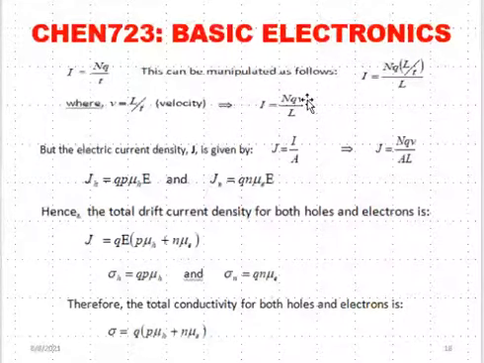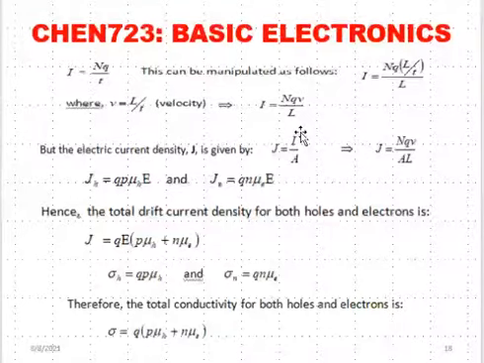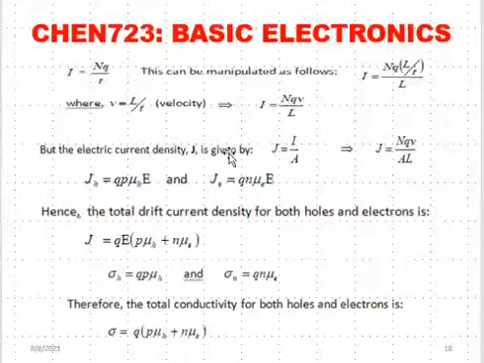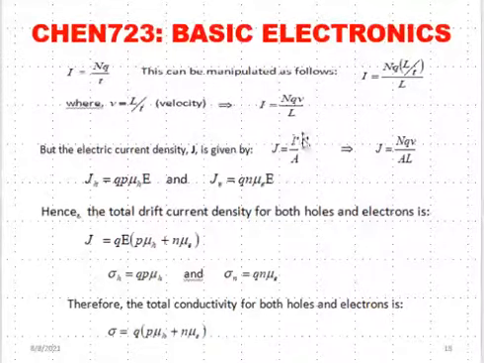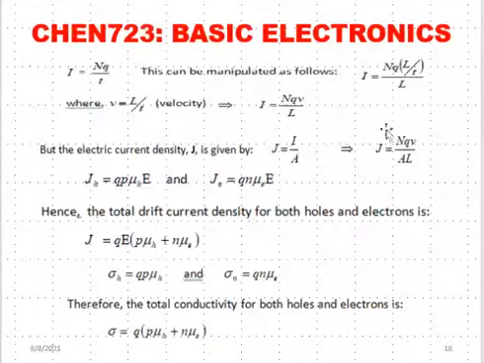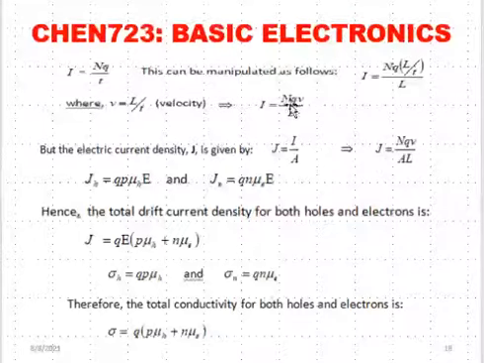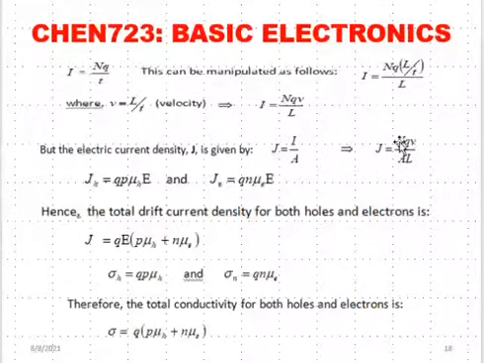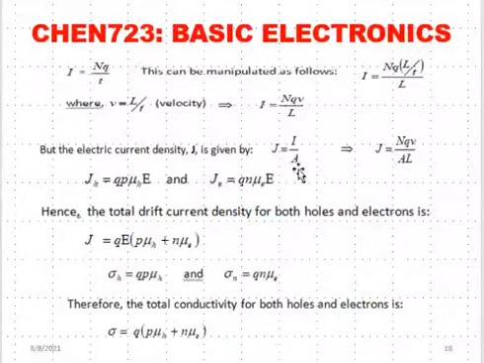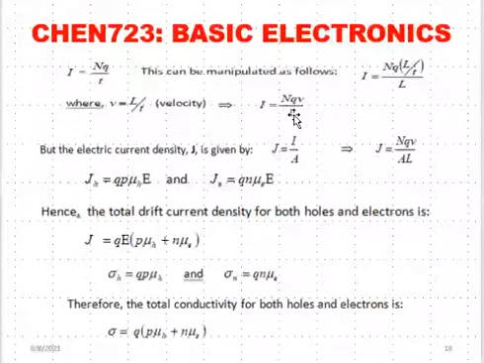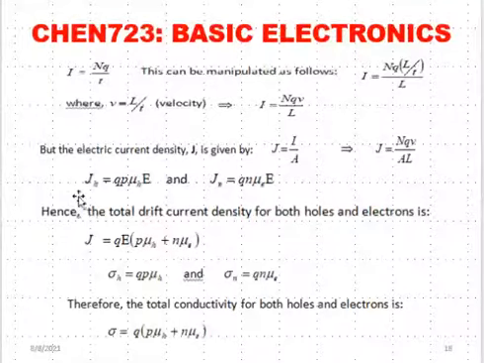Now my current can be equal to NQV over L, where V is the velocity and L is the length. We now have another parameter J, which we call the current density, that is the total current per unit area. So J is equal to the current over area, which is the same thing as NQV over AL. This is the A we introduce here, the L is already there.